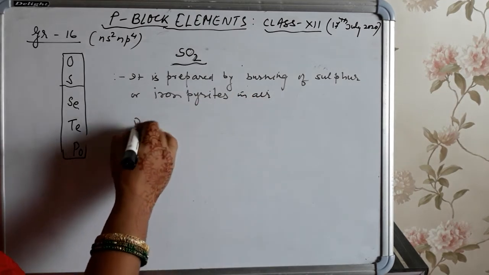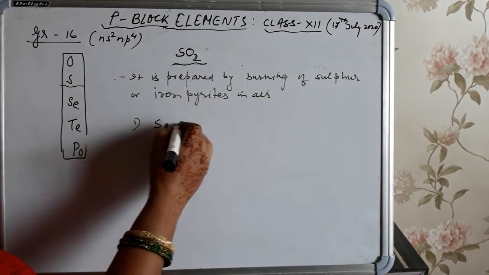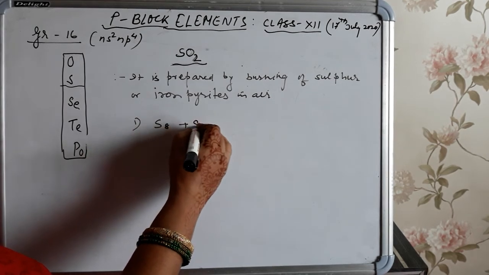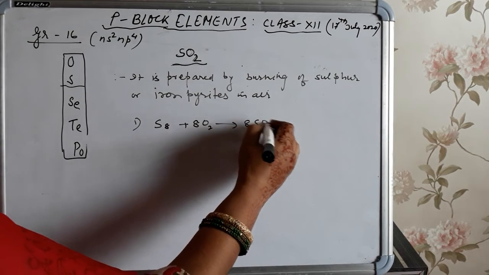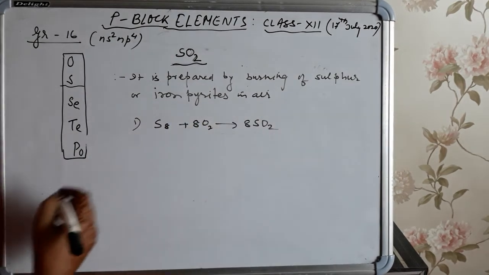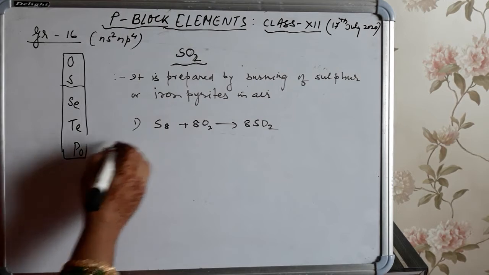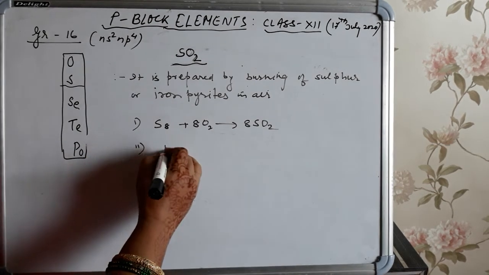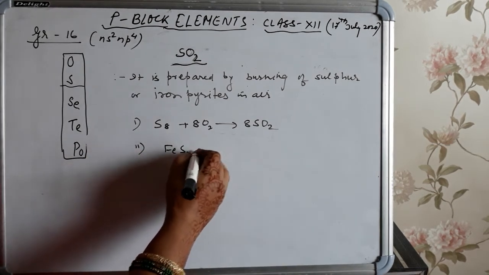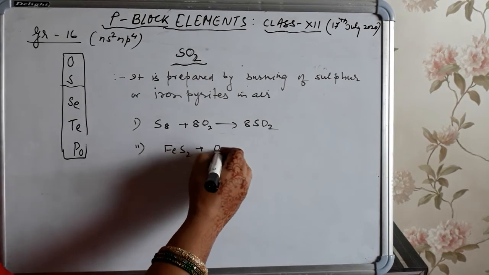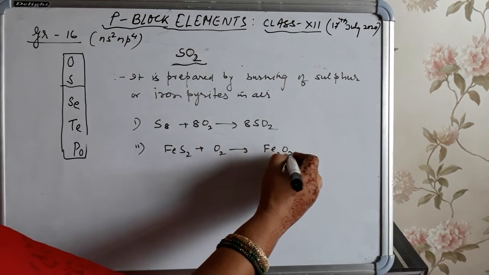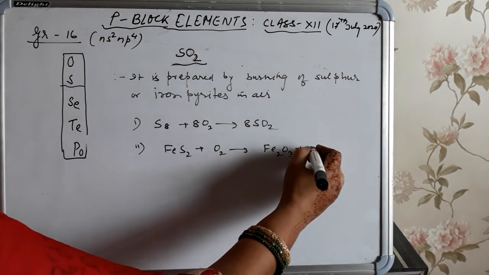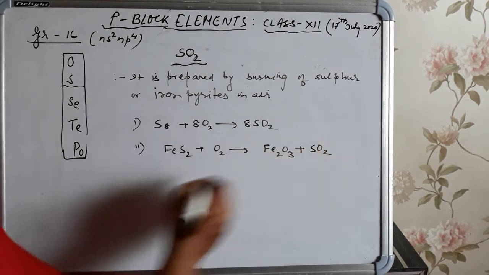So see here, sulfur, if burned in air, forms sulfur dioxide, and iron pyrite when treated with oxygen gives ferric oxide and sulfur dioxide.